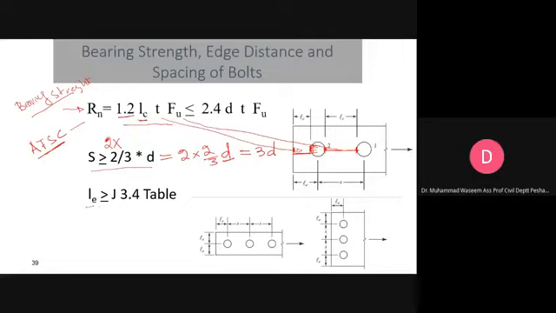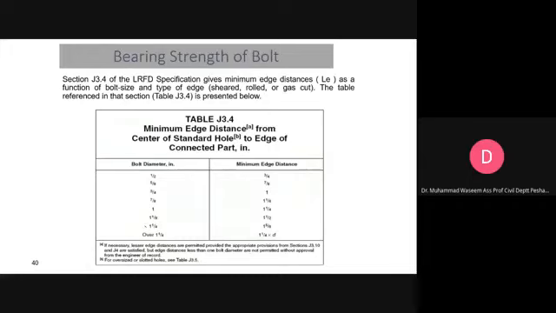What is LE? In order to avoid the tearing failure, LE is the distance from the centroid of the bolt to the edge of the plate. This one, and this one. To get this minimum distance, you have to go to table J3.4 in AISC. I know you cannot go to this specification, so it is here in this slide. If the bolt diameter is 1/2 inch, LE should be at least 3/4 inches.